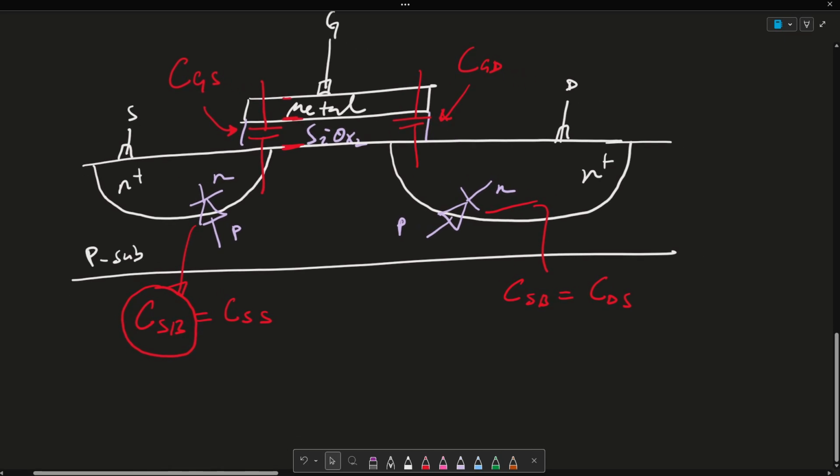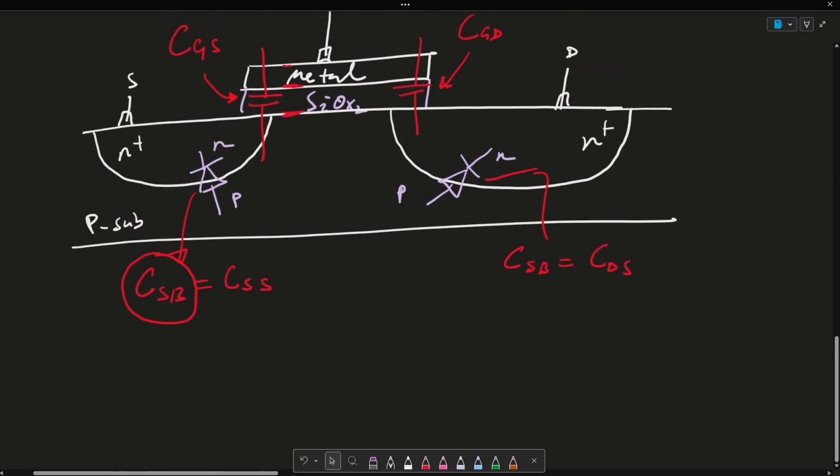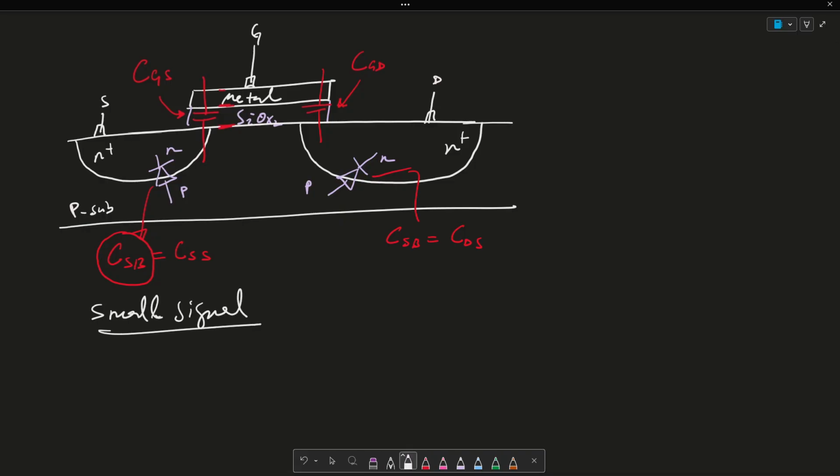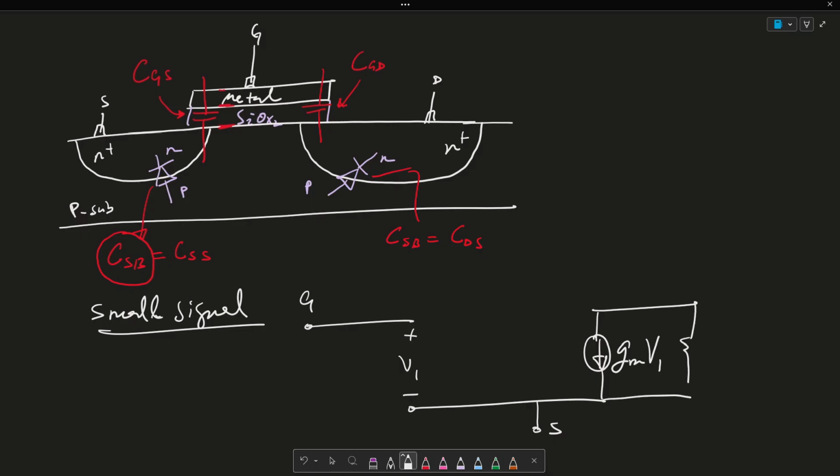Let me just clean it up with a nice small signal model. If I have my gate, this is plus or minus V1. This is my source. It's a voltage controlled current source, so GM V1. This is RO, and this is my drain.